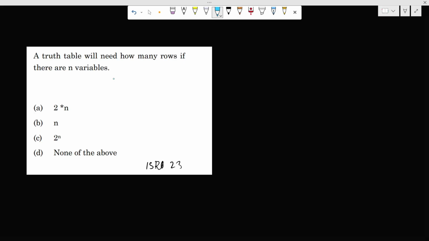This question is, a truth table will need how many rows if there are n variables. So at first we take two variables. So here A and here B as input, Y as the output. So for two variables we write the truth table as 0 0, 0 1, 1 0, 1 1. So basically for two variables we need 4 rows, and here we write the truth table for three variables.